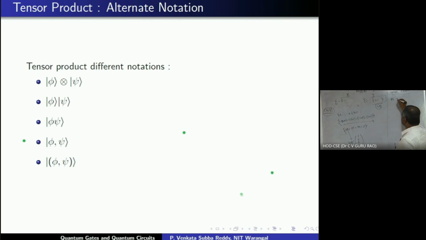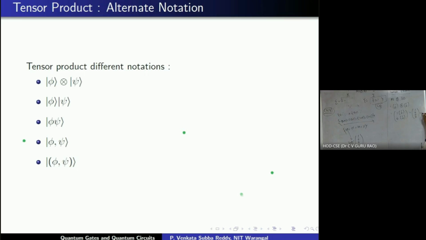Ket 0 tensor ket 0. What is ket 0? 1, 0, tensor 1, 0. Okay, this I'll explain. The other 3 you please try. 1, 0, 1, 0. Is that okay?